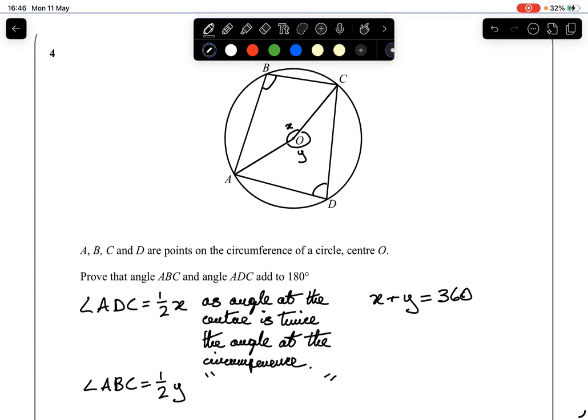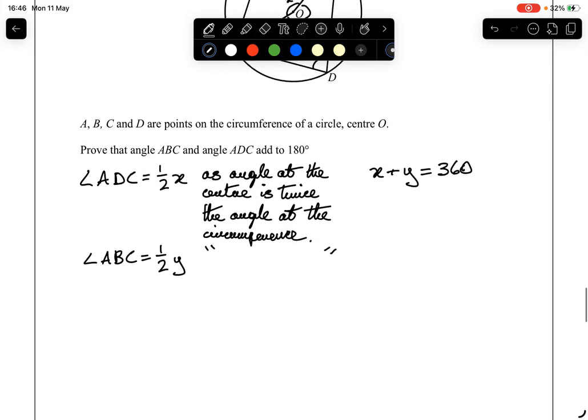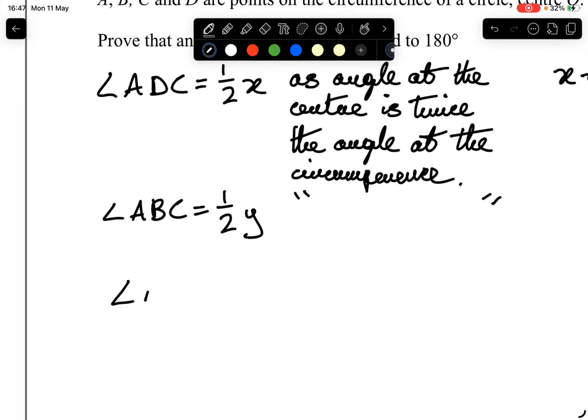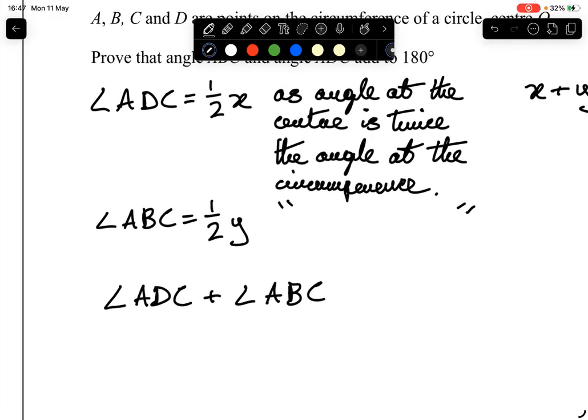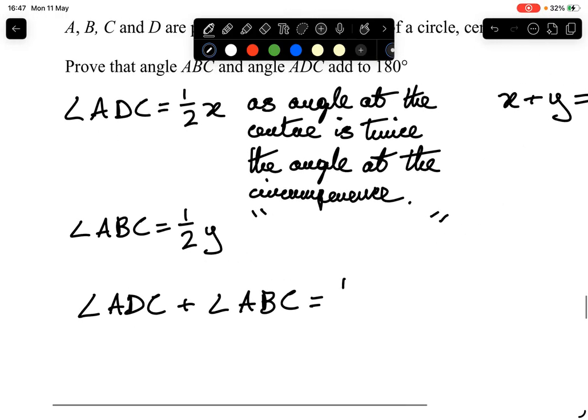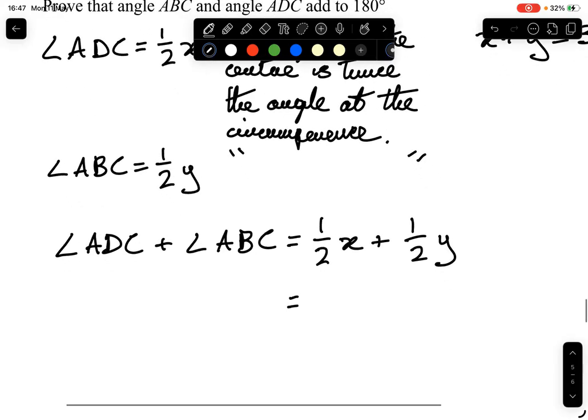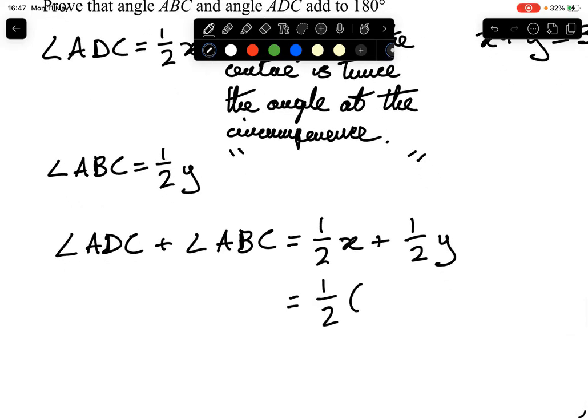So, if I add together this 1/2 X and 1/2 Y, my angle ADC add angle ABC, is that definitely the right letters? Yep. That is equal to 1/2 X add 1/2 Y, which is equal to 1/2 X plus Y.